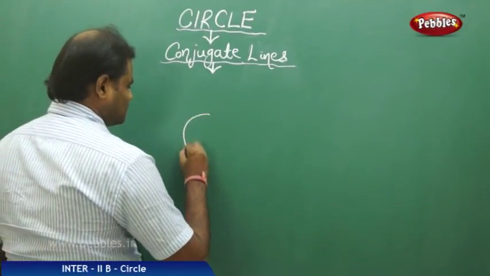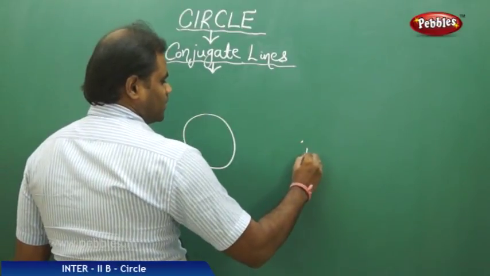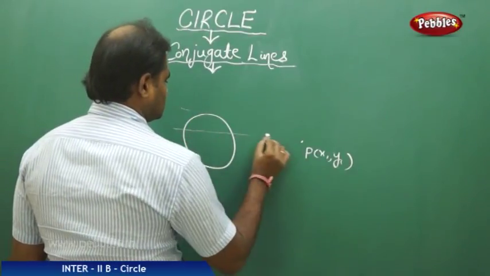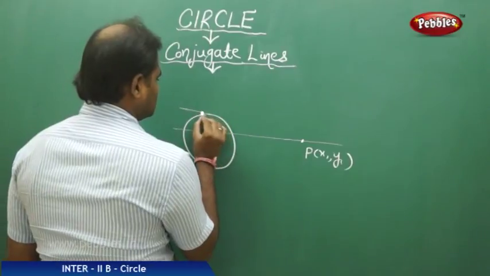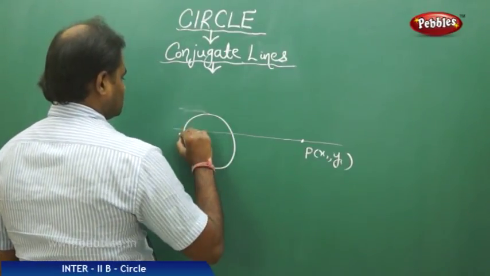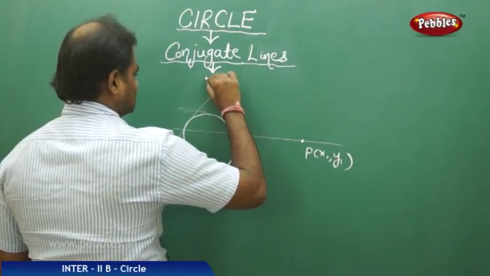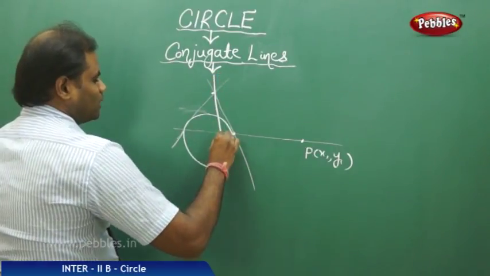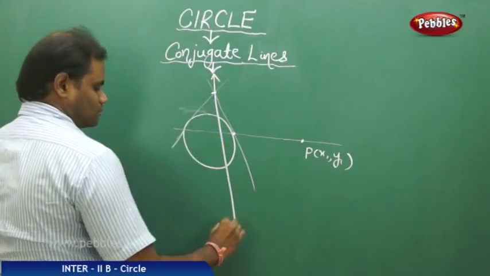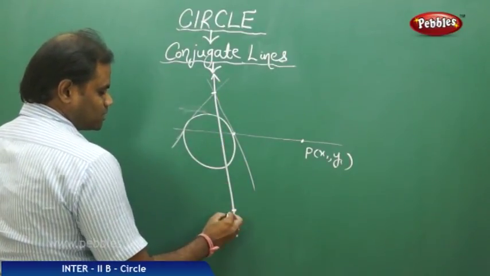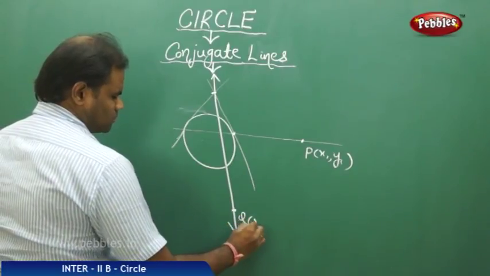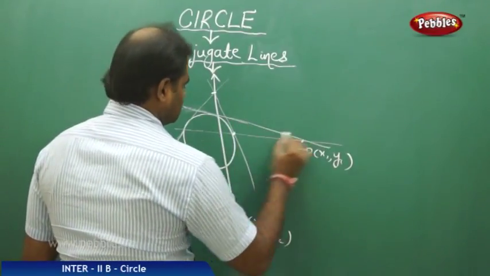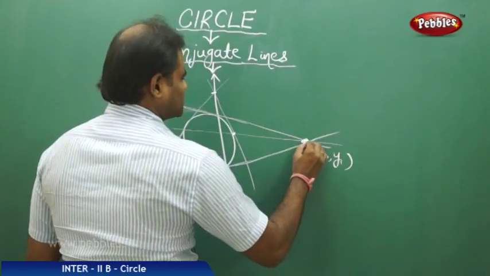Say I have a circle and a point P (x1, y1) through which I draw the pair of tangents, which gives me the polar of P. Now say there is a point Q (x2, y2) through which I draw the pair of tangents here.